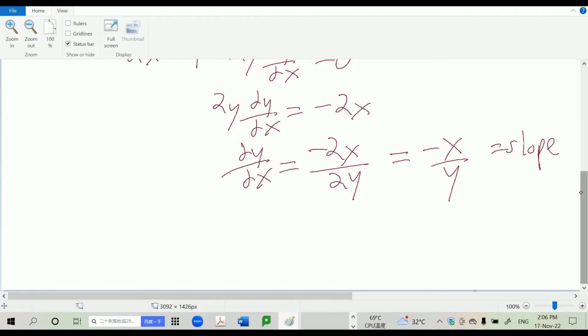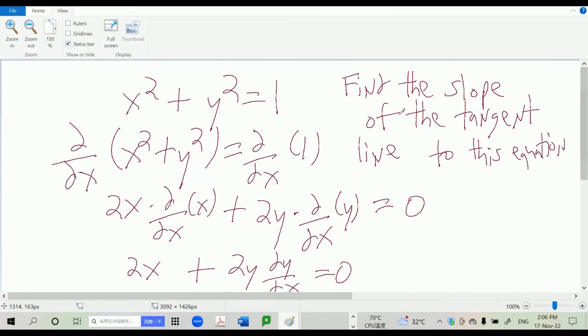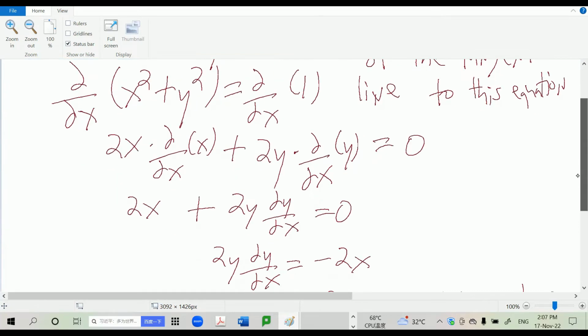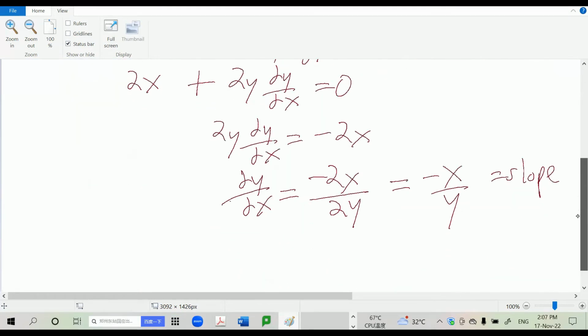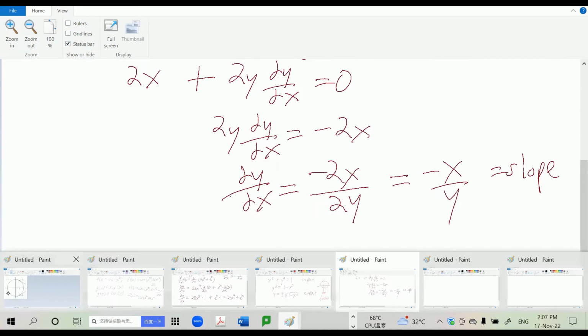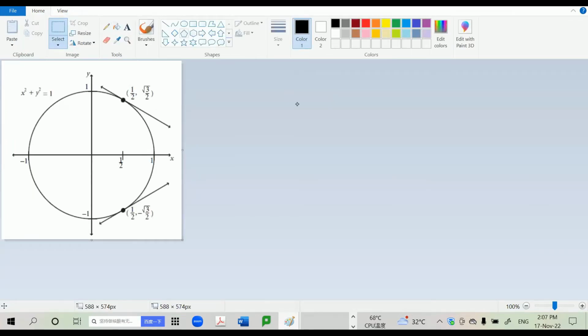If I ask you in this question to find the slope of the tangent line to this equation, then you're probably wondering, let's say I ask you to find the derivative of this when x is equal to, let's say, 1/2. So if I need the derivative of this equation at x equal 1/2, you might have more than one point.